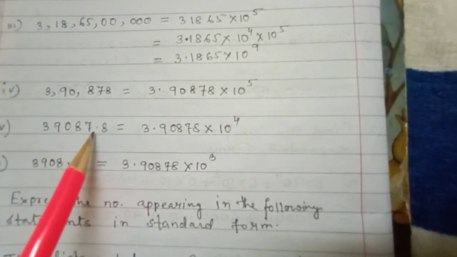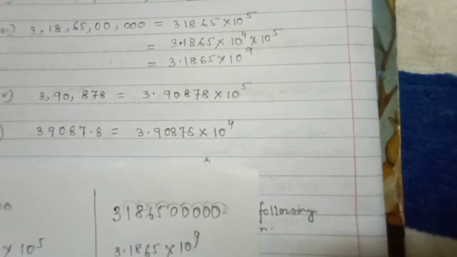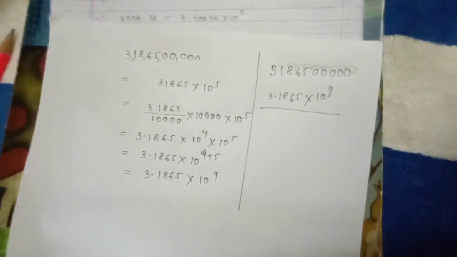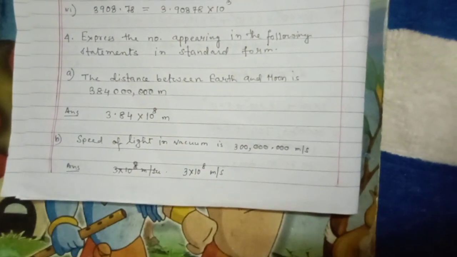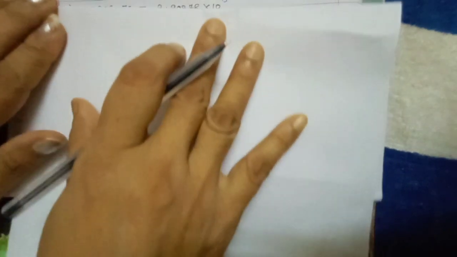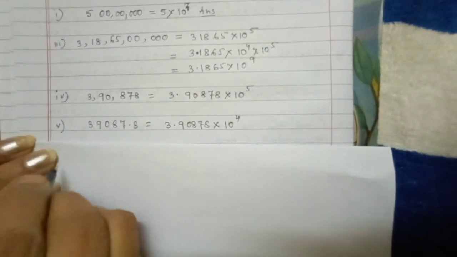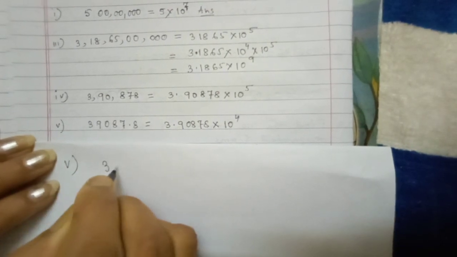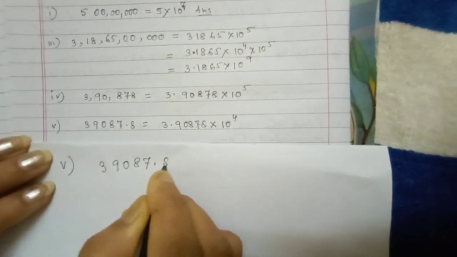See, here the decimal is here. Question number 5, the decimal number is 39087.8.